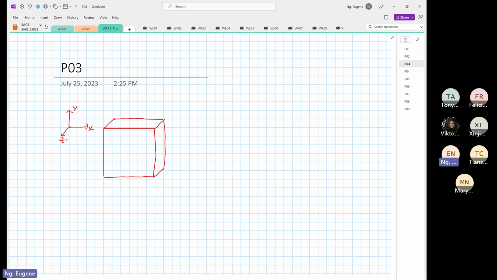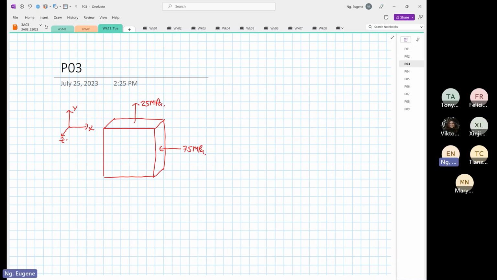Right. So now we declare that we have a compression of 75 megapascal. And then we have a tension of 25 megapascal, right?